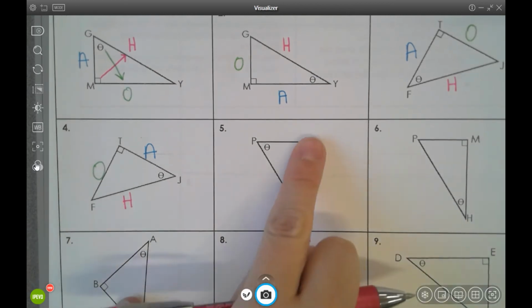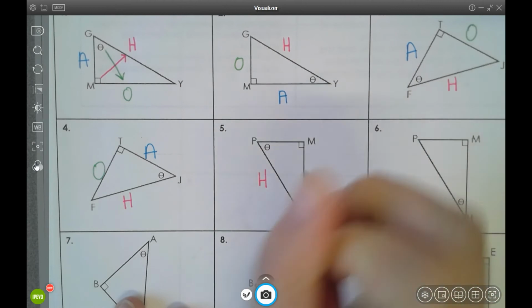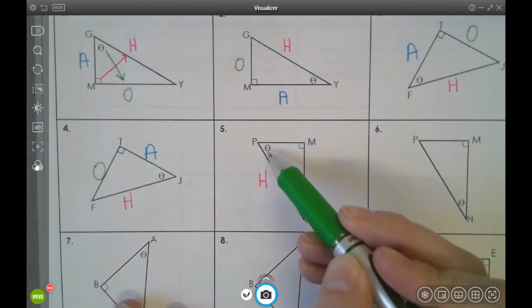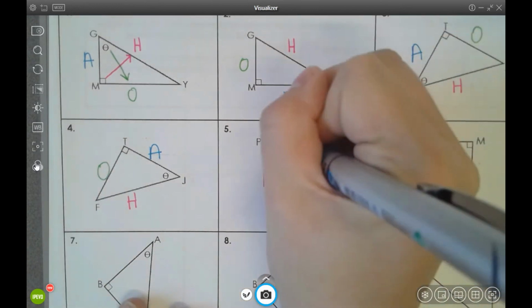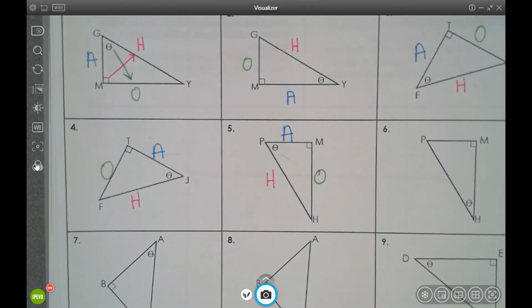So across from the 90 is my hypotenuse. Across from theta is my opposite. The other one is my adjacent.